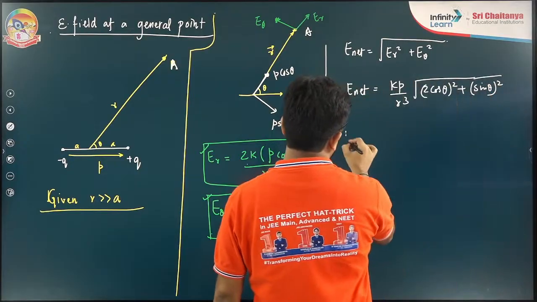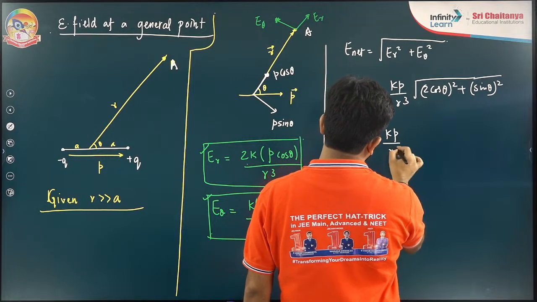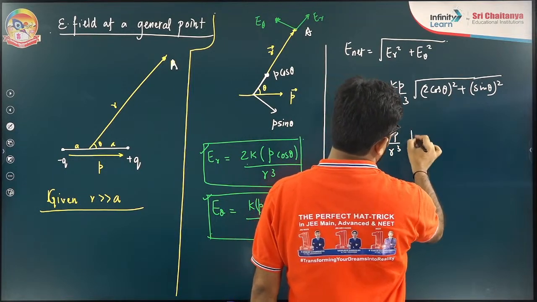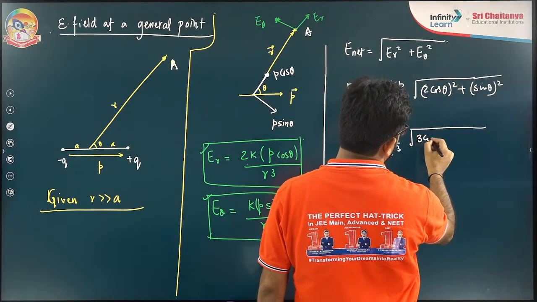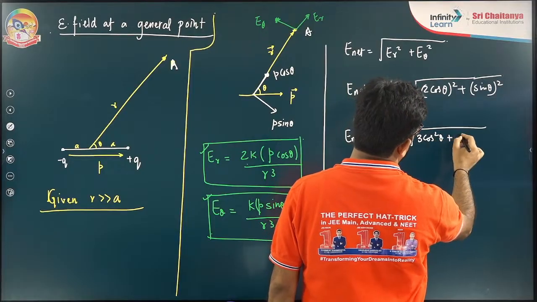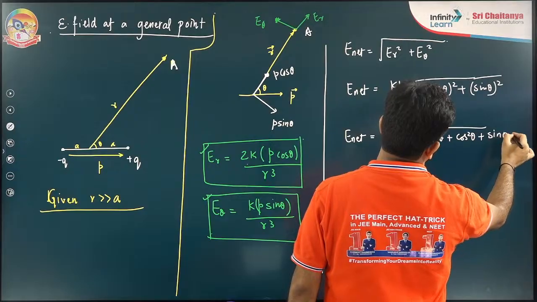So from here you can say E net is equal to Kp by R cube times under root of 4 cos square theta plus sin square theta. That means I can say 3 cos square theta plus cos square theta plus sin square theta.